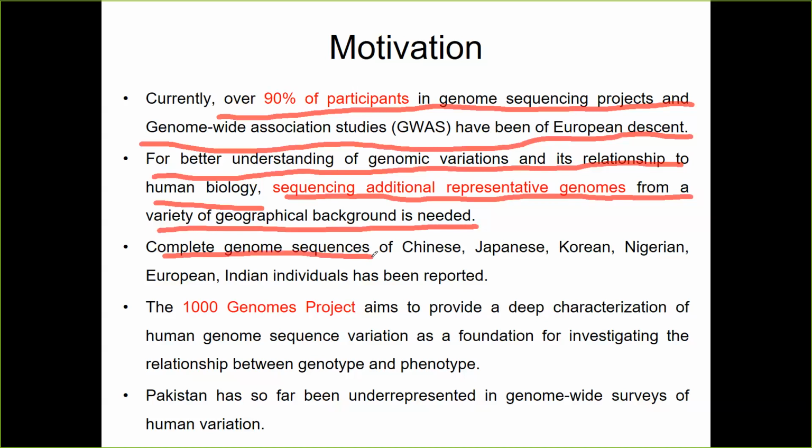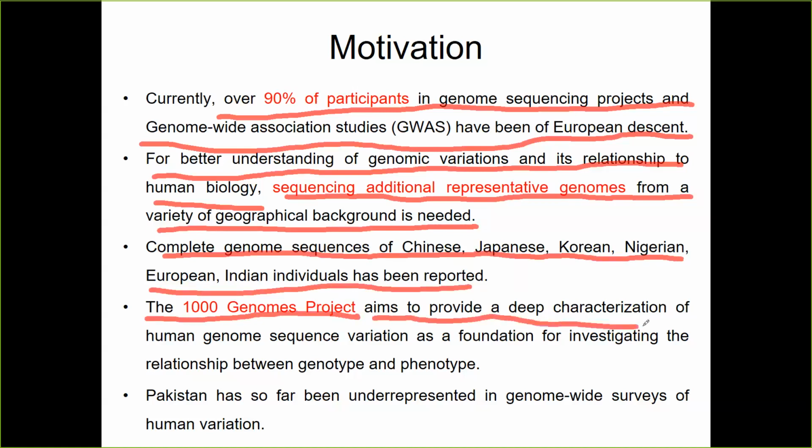Complete genome sequences of Chinese, Japanese, Korean, African and European individuals have been reported, as well as a project called the 1000 Genome Project. The aim of the project is to provide deep characterization of human genome sequence variation as a foundation for investigating the relationship between genotype and phenotype.